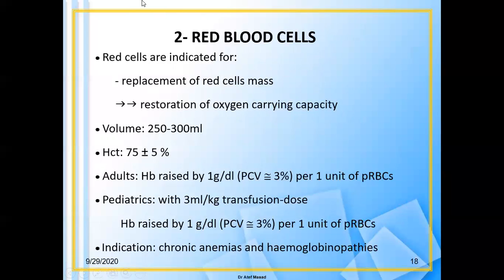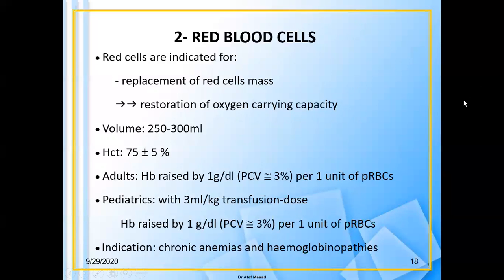Red blood cells are indicated. Why do we need red blood cells? We need red blood cells clinically to replace red cell mass. So when the patient has anemia or a low hemoglobin concentration, he needs a replacement of red blood cell mass to increase this mass in his blood because he has anemia.